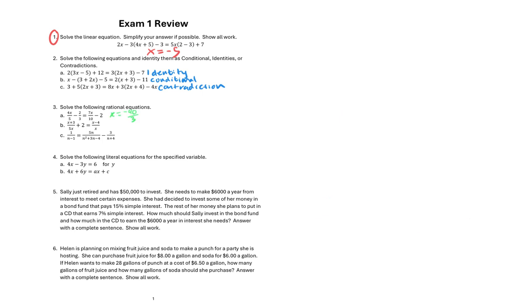Our next equation is x plus 3 over 5x plus 2 is equal to x minus 4 over x. Okay, again, we have to find that common denominator. So we need to find something common between 5x, 1, and x. That is going to be 5x.